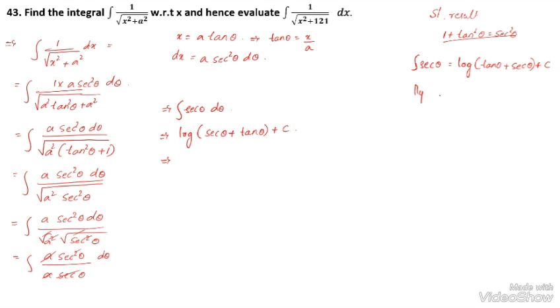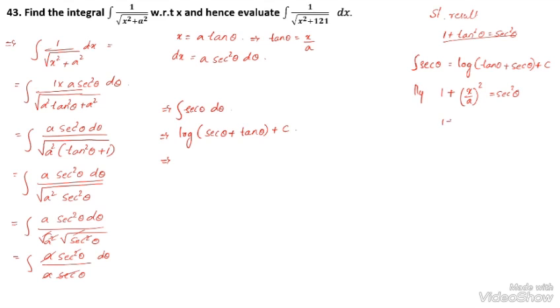Directly substituting the tan value, tan theta will be x by a. Here tan square theta is x by a whole square, and 1 plus tan square theta is equal to sec square theta.